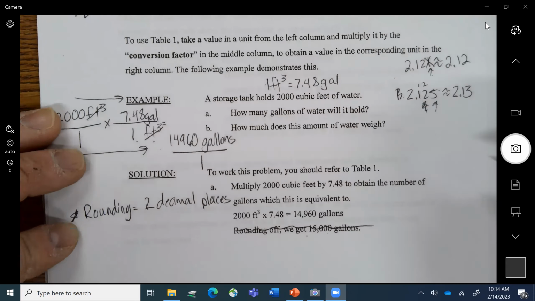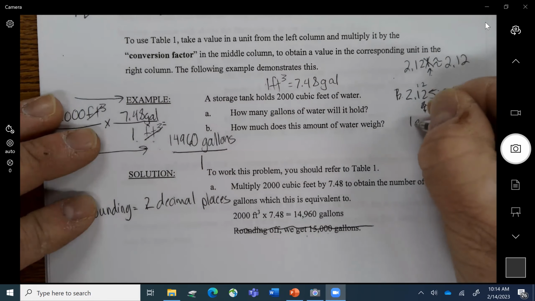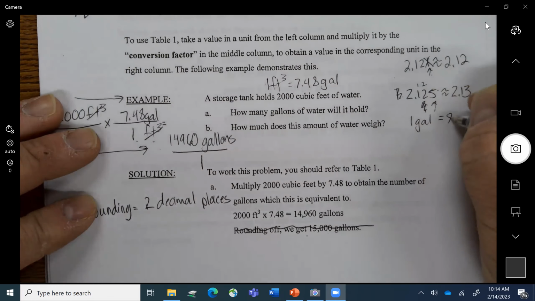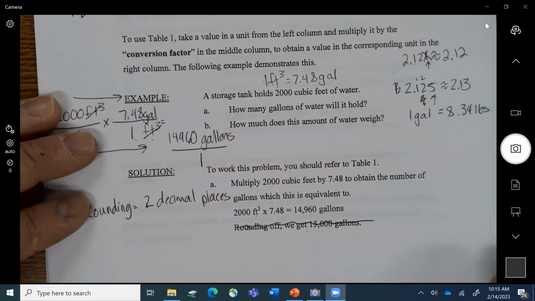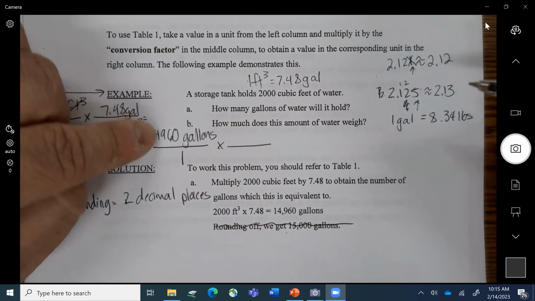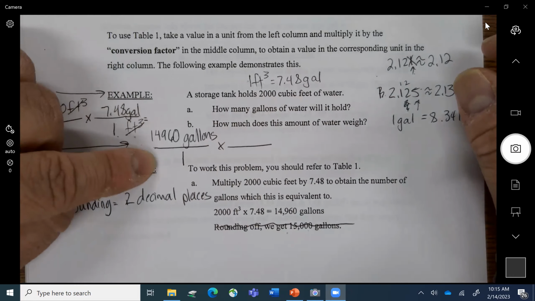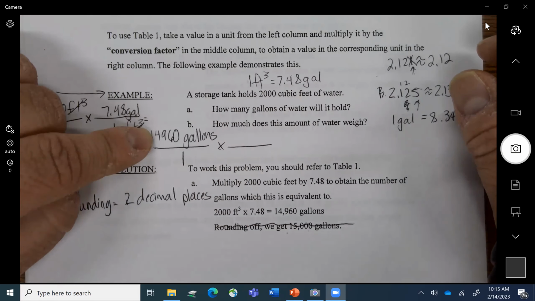All right. Now, how much does this amount of water weigh? Well, 14,960 gallons is over 1, because that's what I'm starting with. And I know that 1 gallon of water equals 8.34 pounds. Okay, so my next question, where's my gallons? Top or bottom? It is on the top.